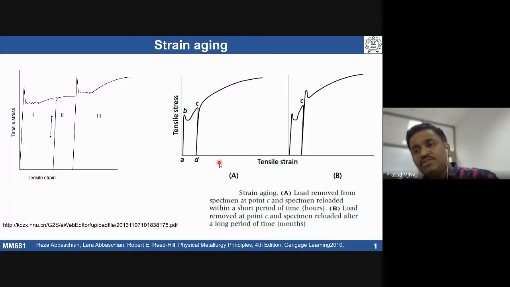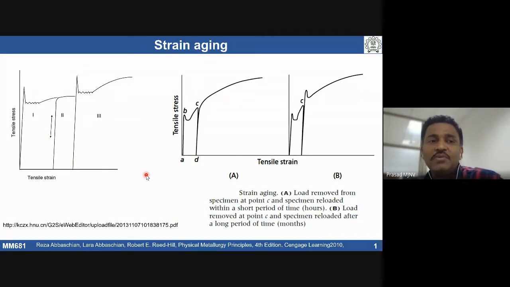In my previous lecture, we had a discussion about strain aging and dynamic strain aging. People call each one of them a phenomenon. Dynamic strain aging is quite commonly seen in materials containing interstitial solute atoms.